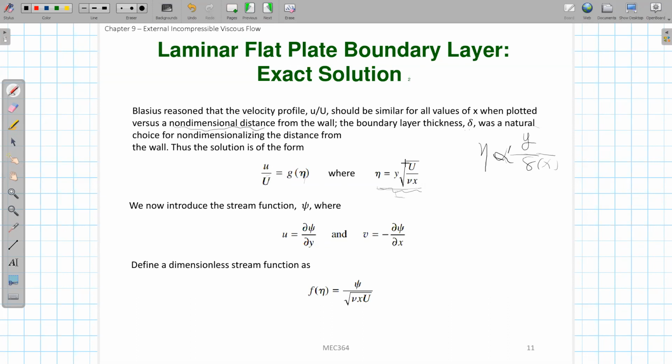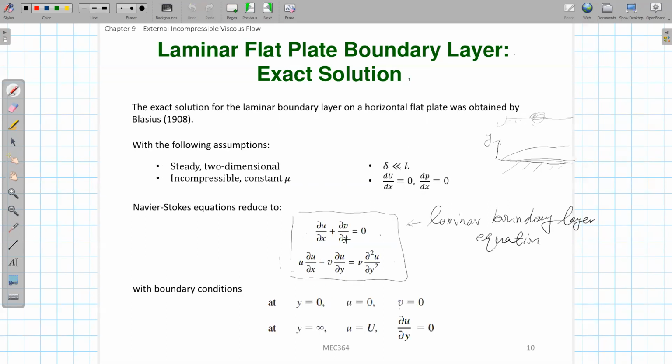Also, if you take a look at these two laminar boundary layer equations, focusing on the first one, this is the incompressible continuity equation, because for this flow rho is constant.